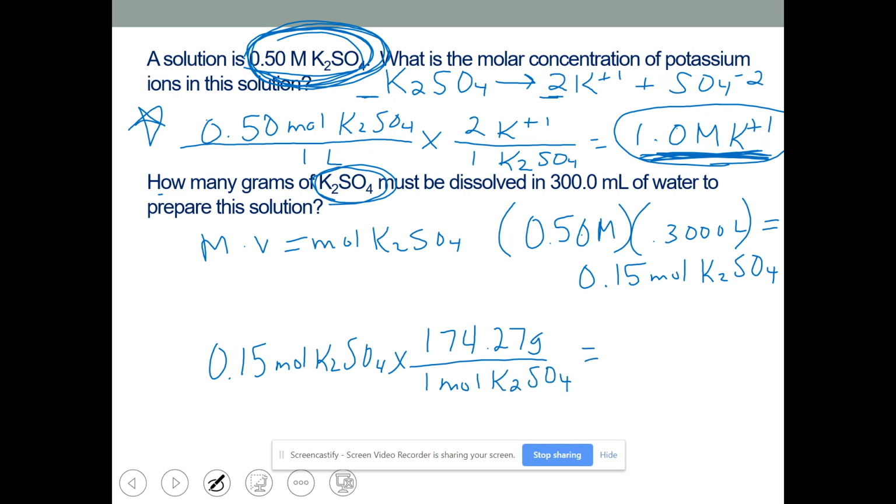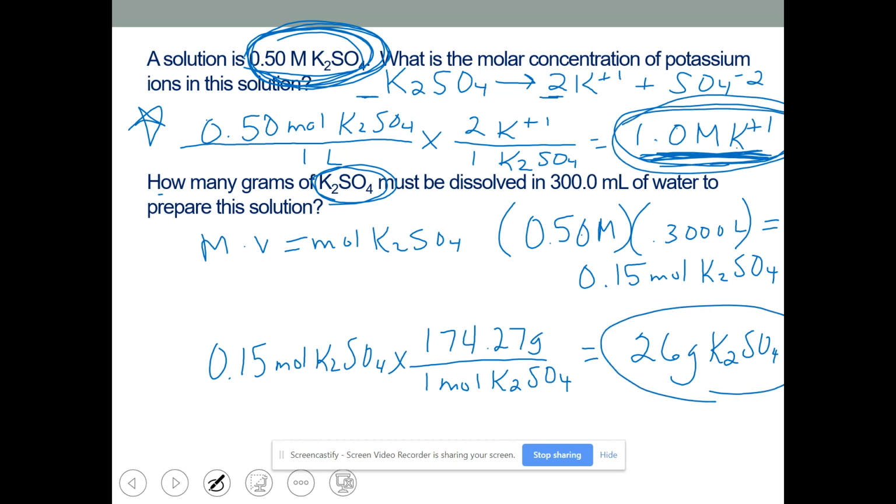And when you multiply those, you will get 26 grams of potassium sulfate. So if I needed a solution with this concentration, the 1.0 molar K plus 1, I would have to weigh out 26 grams of K2SO4 and dissolve it in 300 milliliters of water to get that solution.